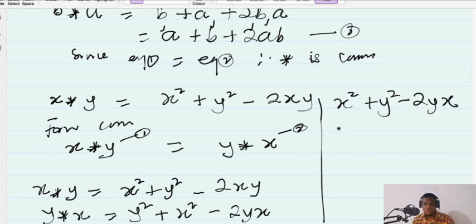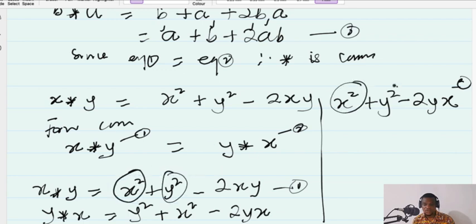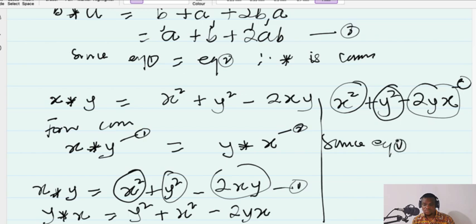Therefore, this is equation 2. Let's check term to term. Equation 1 has X squared, equation 2 has X squared; Y squared, Y squared; 2XY, 2XY. So since equation 1 is equal to equation 2, therefore star is commutative.